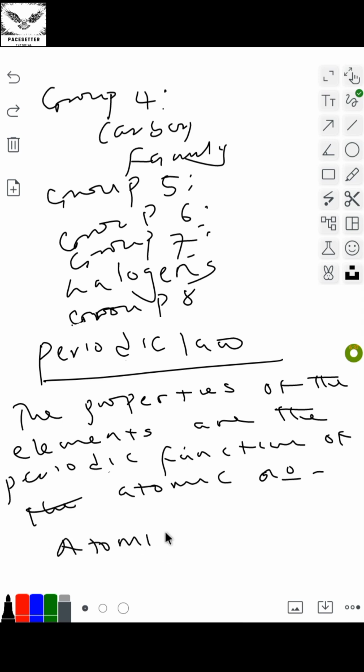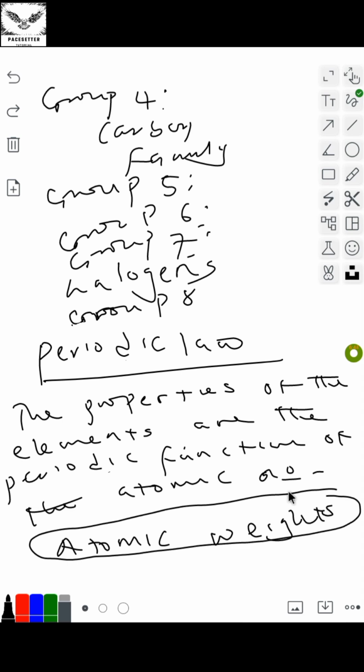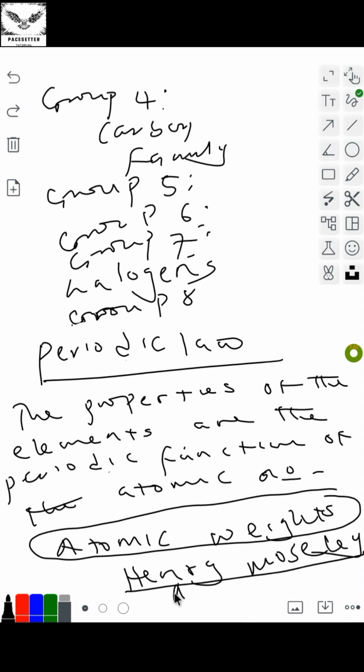But further study from Henry Moseley revealed that the modern periodic table is arranged in order of atomic number and not atomic weight, as earlier postulated by Dmitri Mendeleev.